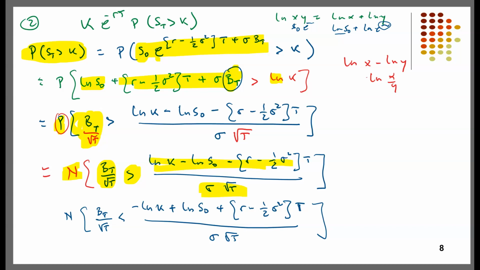Now, to read that clearly from the normal probability table, we need to change the sign. And to change the sign, we multiply this by -1. We have minus the log of K plus the log of S0, and then the whole term there. This is just the probability that the stock price is above the strike price. Okay, and so what does that give us?